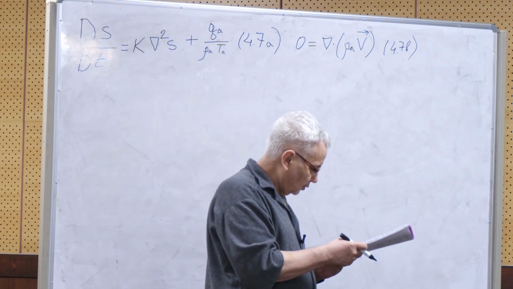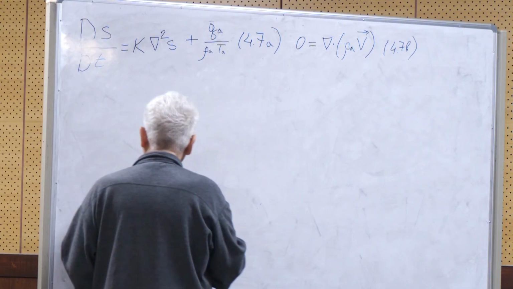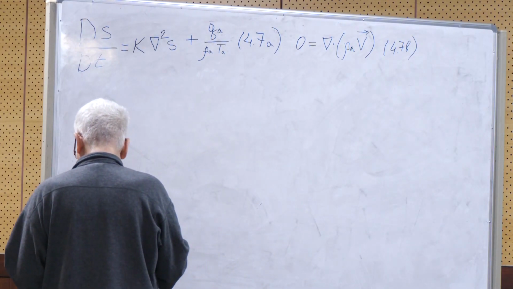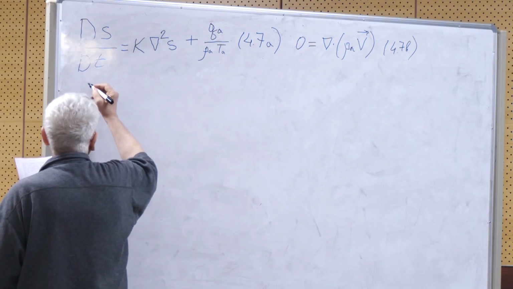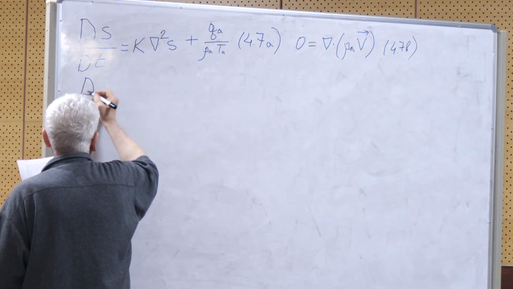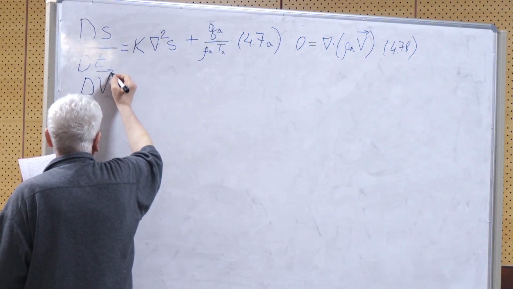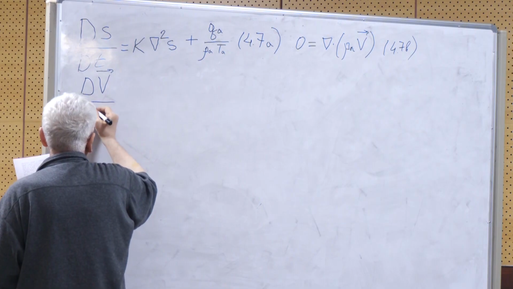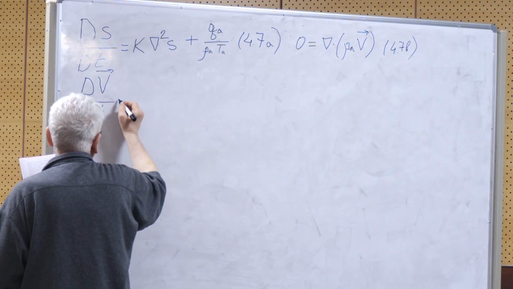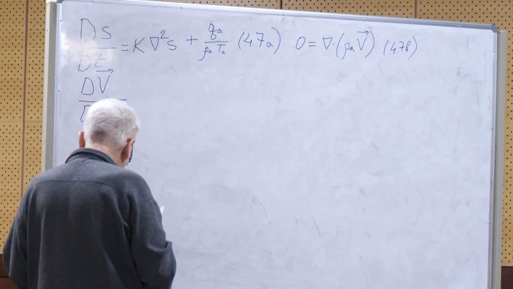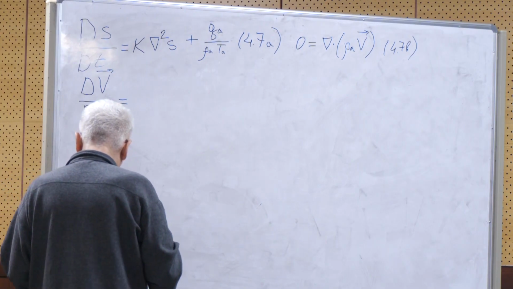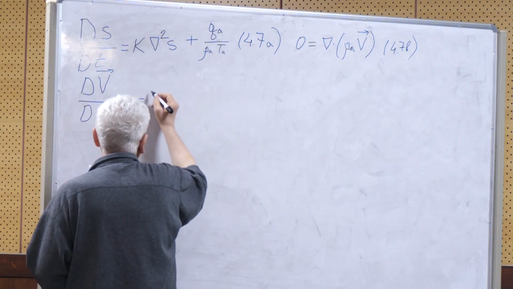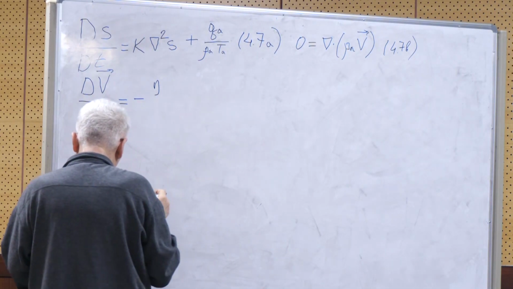Of course, the most important equation, the Navier-Stokes equation. And this Navier-Stokes equation can be written in such a form. Here the substantial derivative is quite important. And it has two contributions of the viscosity.